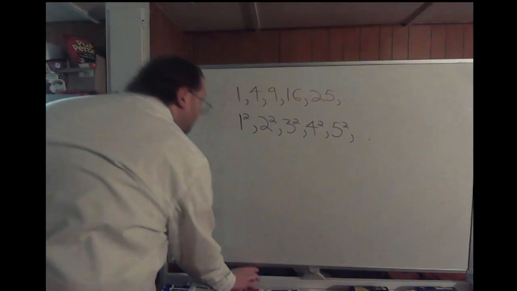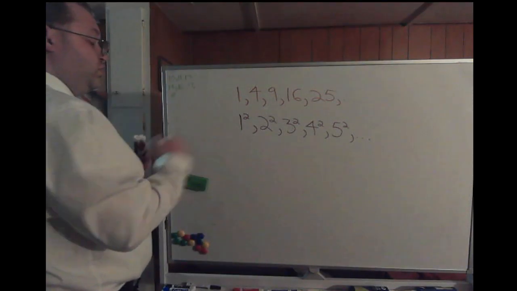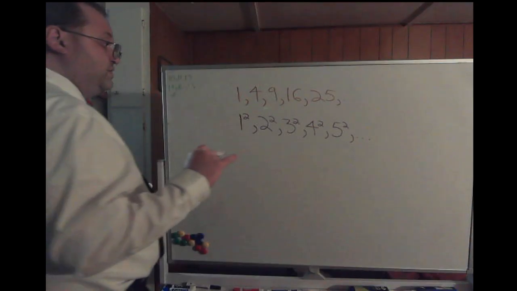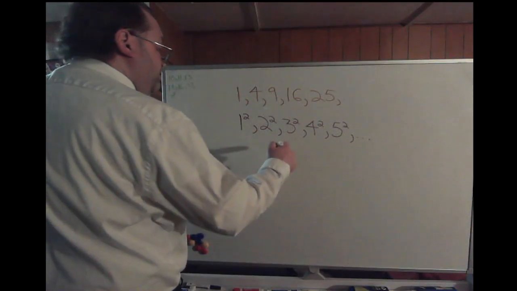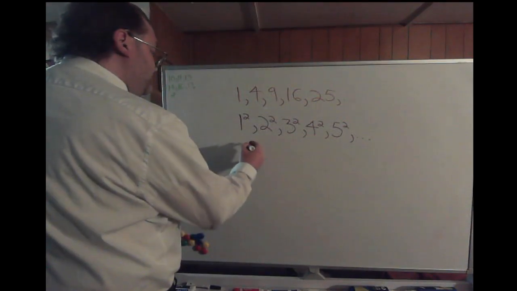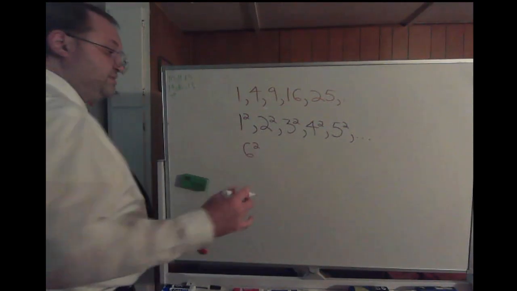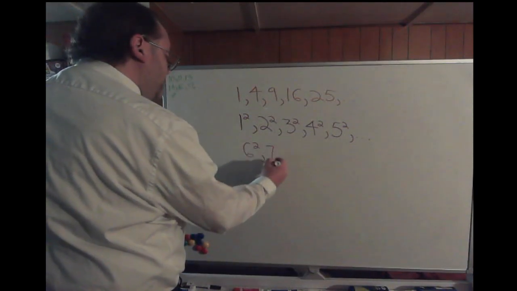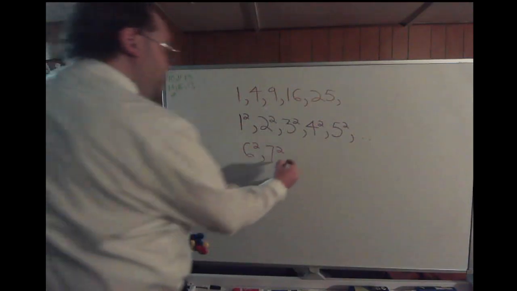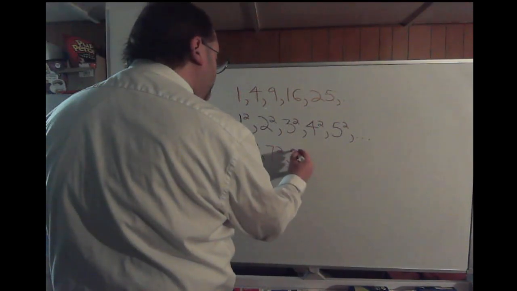What I'm going to recommend we do, of course, is first do it as the squares. So if you're going to square the next term, it looks like 6 squared would come next. And then the second term after that would be 7 squared. Then the third term after that would be 8 squared.